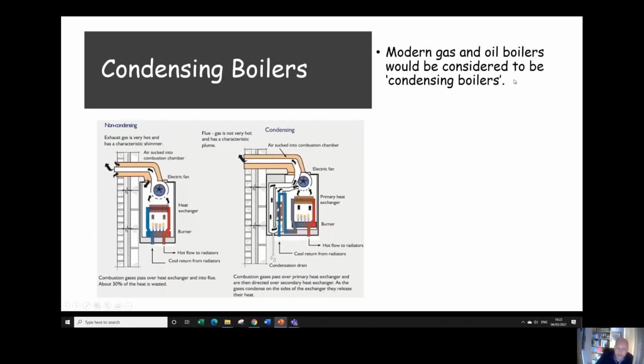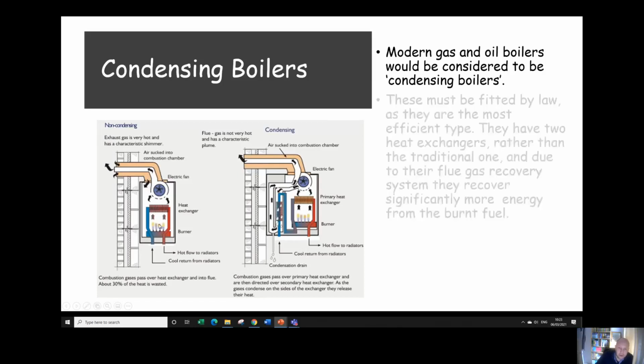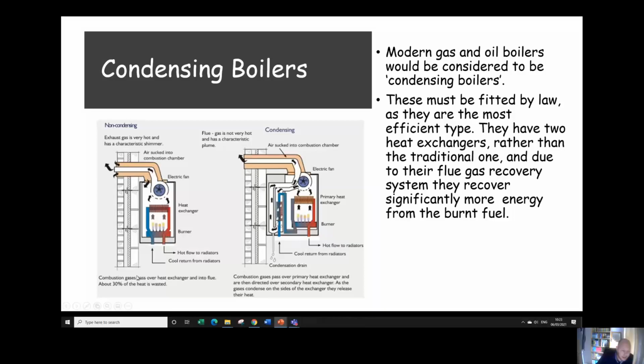So, condensing boilers. All modern boilers that we're looking at at the moment are going to be condensing boilers, and what that means is that with the old type of boiler, the traditional boiler, you would have your heat source, your gas burner, whatever it is, which would heat up the heat exchanger.